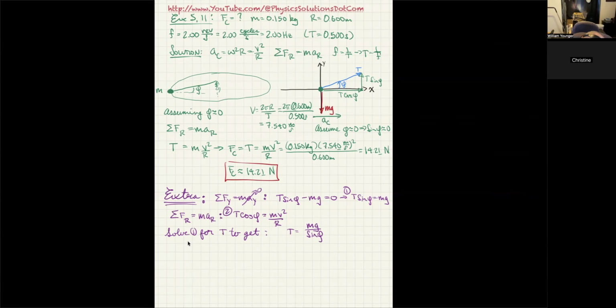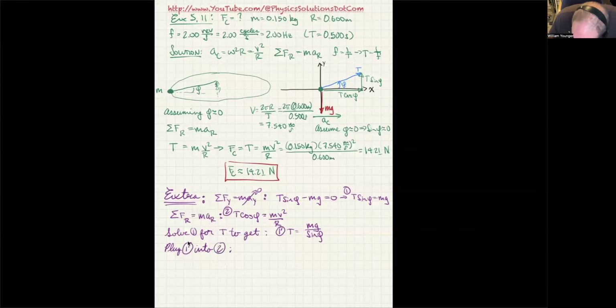And then I'll call this 1 prime since it's equivalent to equation 1, but it's just altered a little bit. Now we plug 1 prime into 2. And when we do this, we get mg over sine phi is equal to m v squared over r.